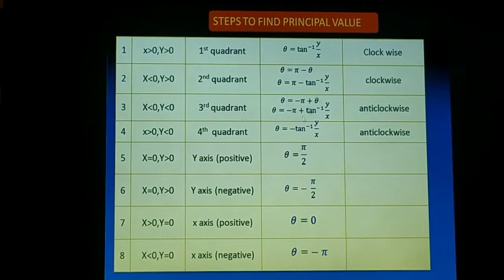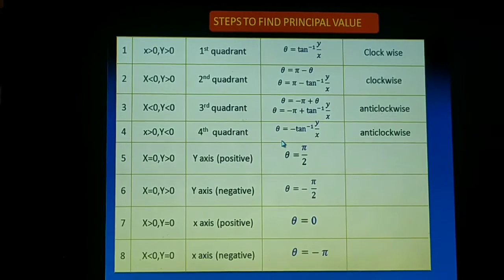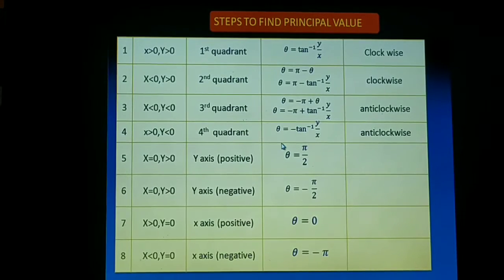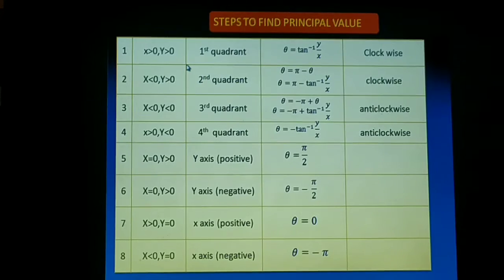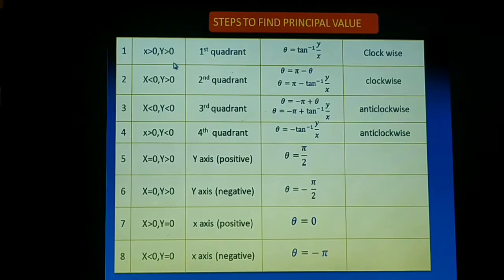Let's see this table so you can get a better idea how to find theta. When x is greater than 0 and y is greater than 0, the value is in the first quadrant, so we apply the formula theta is equal to tan inverse y upon x.